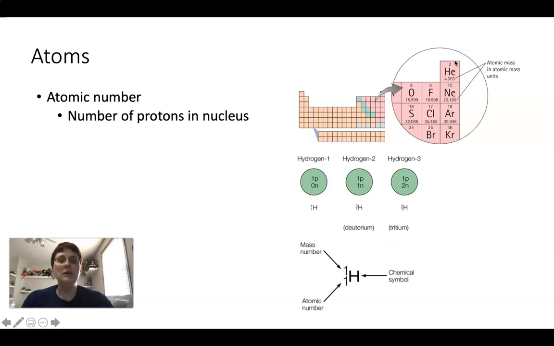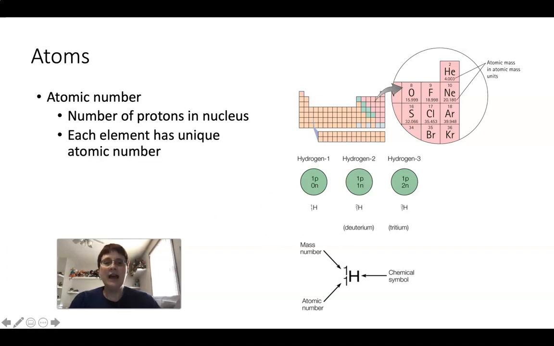And you may be familiar with helium because that's the one that we use to blow up balloons, makes your voice sound funny. It's inert, meaning it's non-reactive, versus hydrogen, which you can also use to blow up balloons, but we generally don't do that because this one's explosive. So you can see that 1 proton can make a big difference.